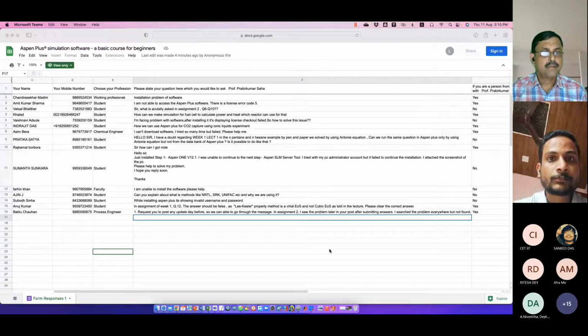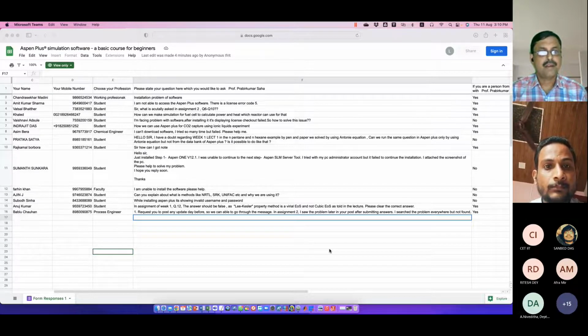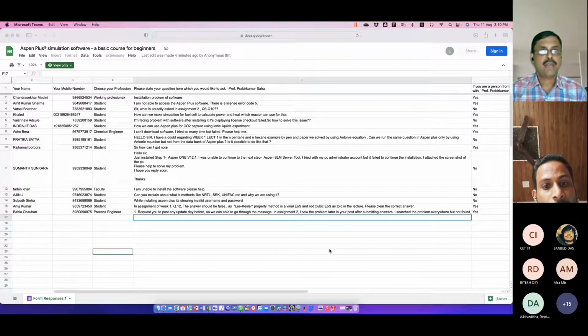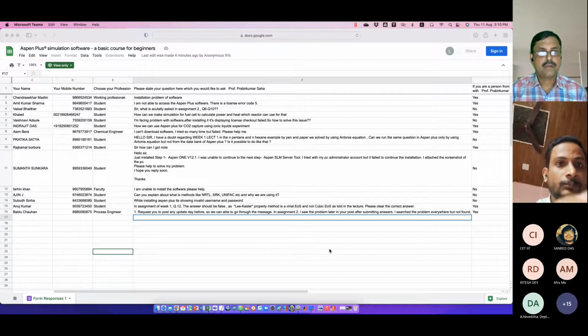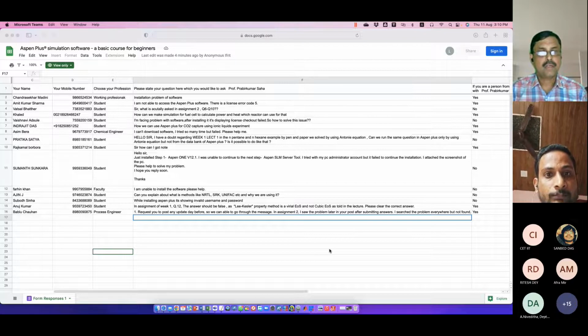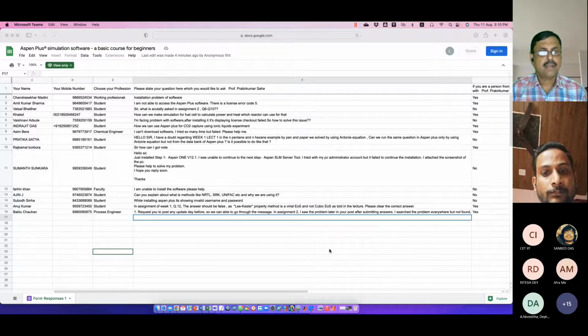Then Ashim Bira is saying, I can't download software. I tried so many times, failed. How to download the software? Yeah, on 26th of July, in the announcement page, you can see the link of the software has been given. There are 4 or 5 links, I believe, so you can download the software from there.